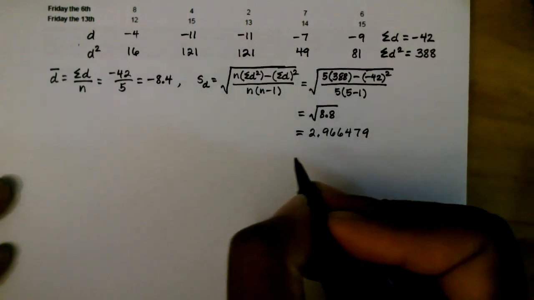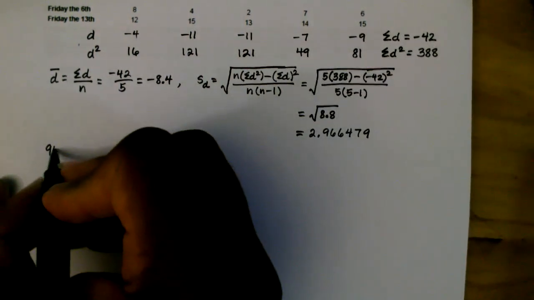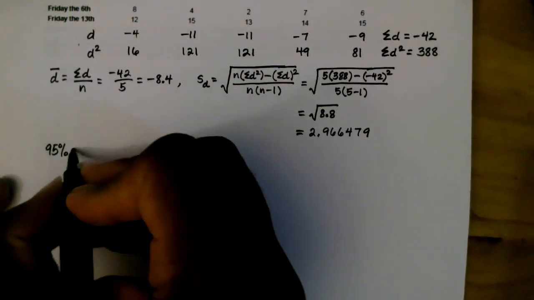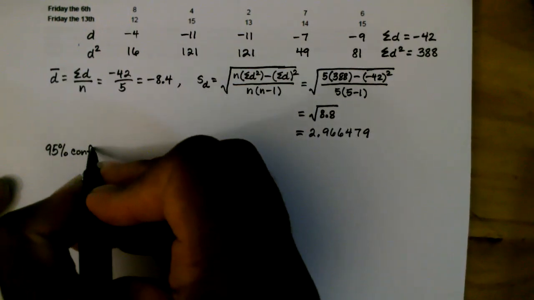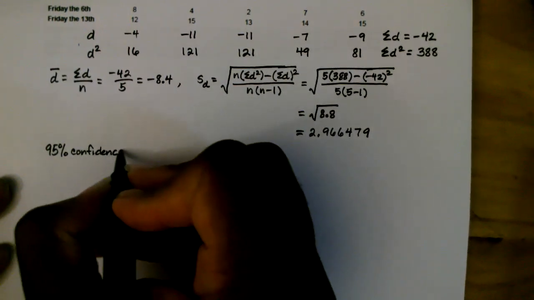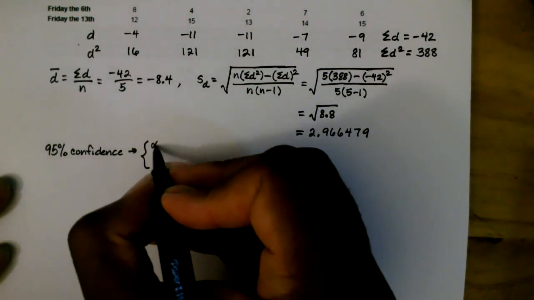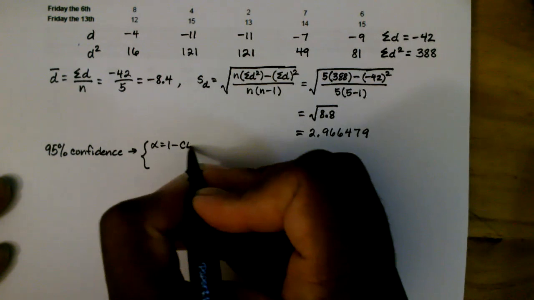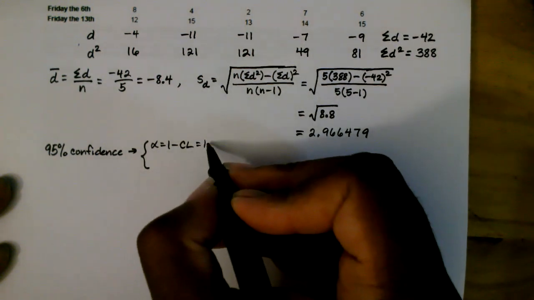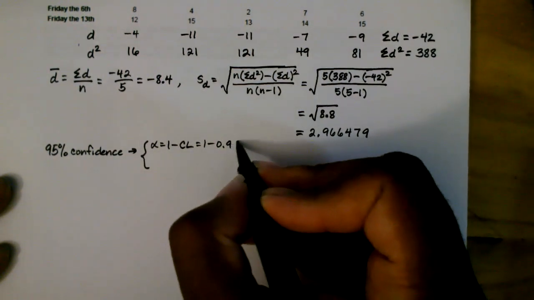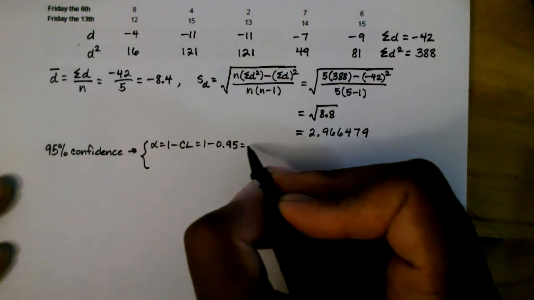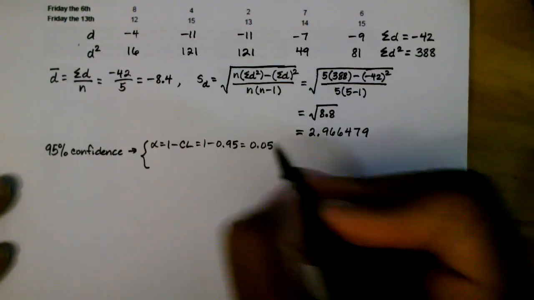Now we're constructing a 95% confidence interval. So if I have a 95% confidence level, that means 2 things. The alpha level is 1 minus the confidence level. So when I do 1 minus 0.95, that's going to be equal to 0.05.